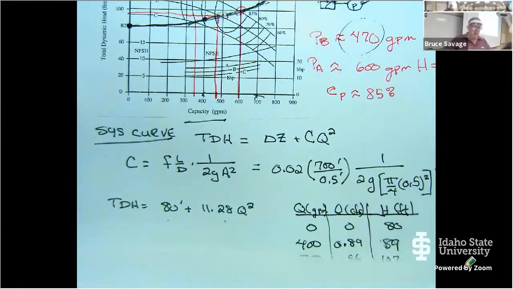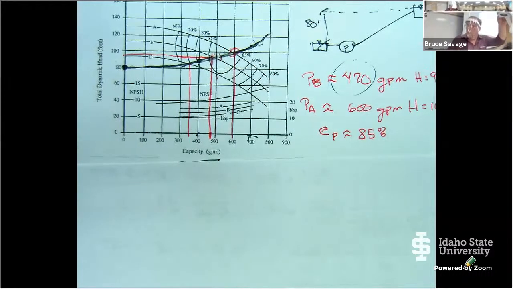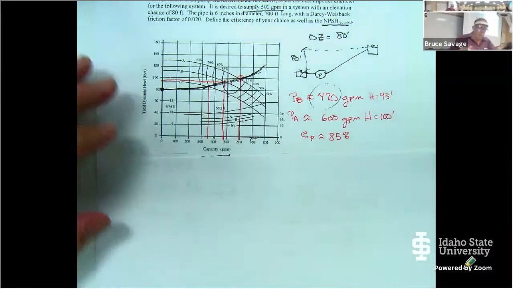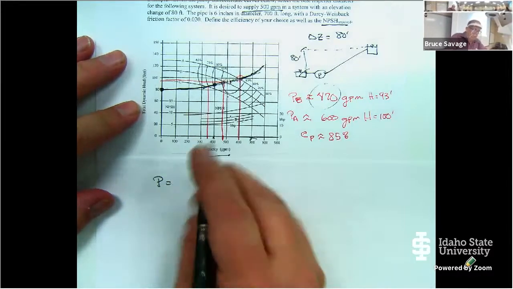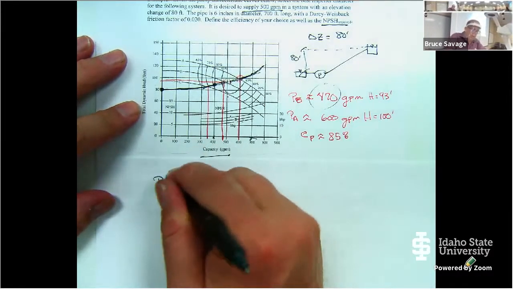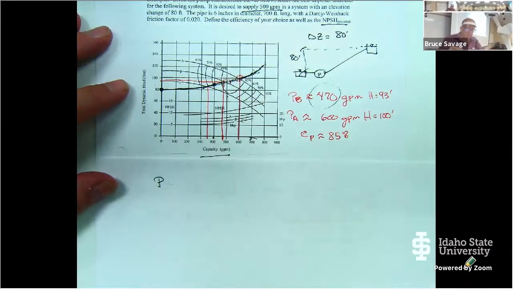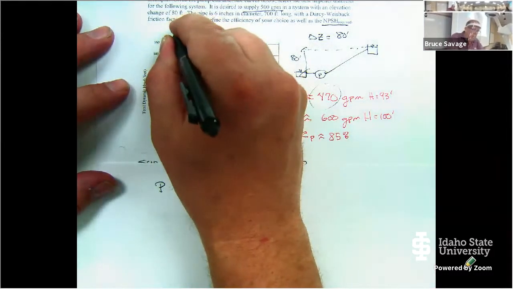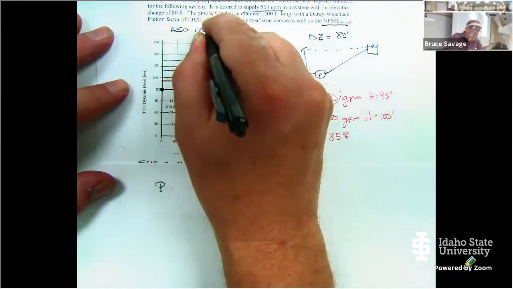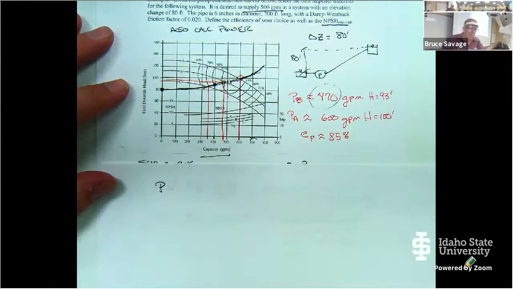So now we can come back here, and let me zoom out just a little bit. We know that power, and this isn't part of the problem statement, but I want to add it in. So we could put up here, also calculate power as part of the problem statement.